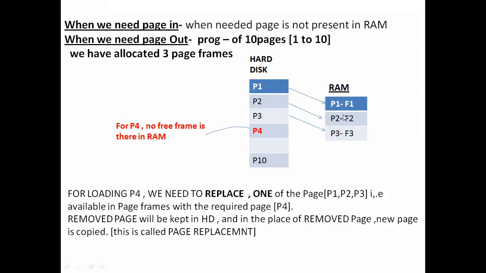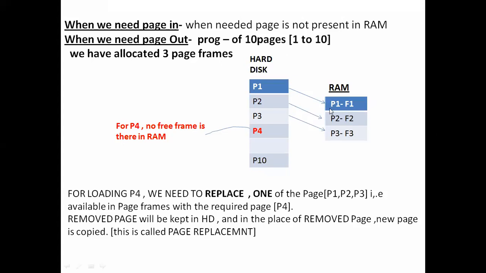I need to remove either the P1 page, the P2 page, or the P3 page. By removing any one of them, I can create one empty space for the new P4 page, so that this new page can be placed in the empty space. Agreed?